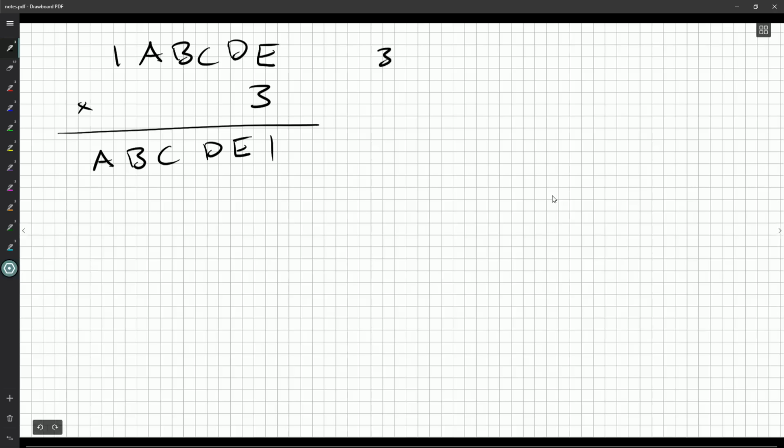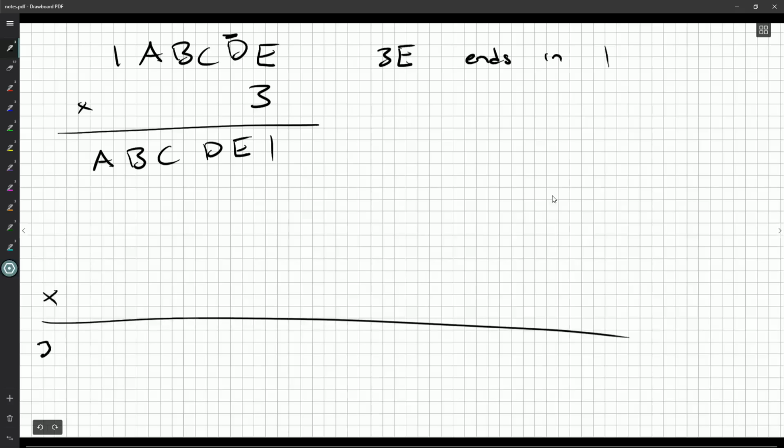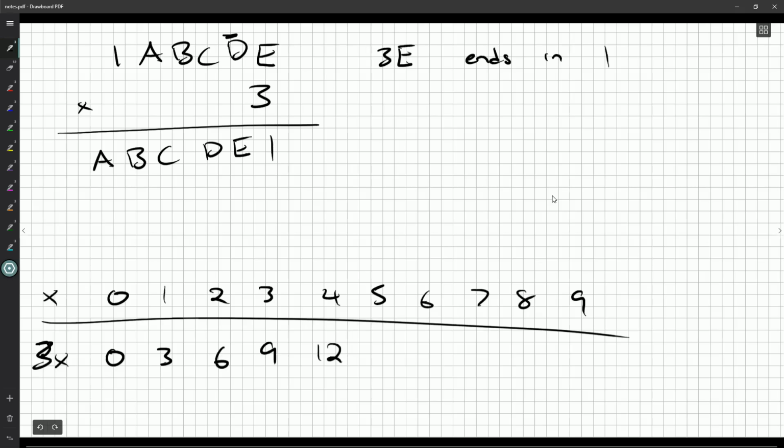So we can see something like, 3E ends in a 1. Maybe we carry some stuff up here, maybe we don't, but I definitely know 3E ends in a 1. And we're going to be multiplying by 3 a lot, so we might want to write a little chart down here. We'll take our digits, 0, 1, 2, 3, 4, 5, 6, 7, 8, 9, and multiply them out. That way we can save a little time, but we can also see which digits have which possible ending digits.